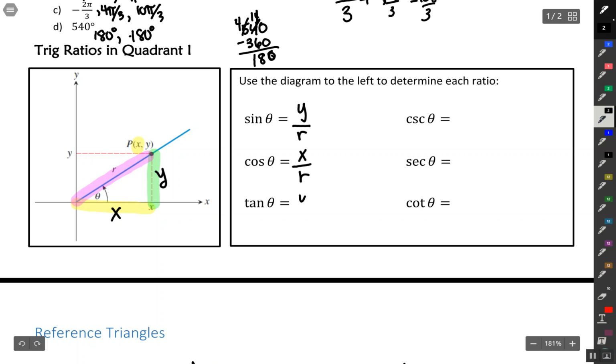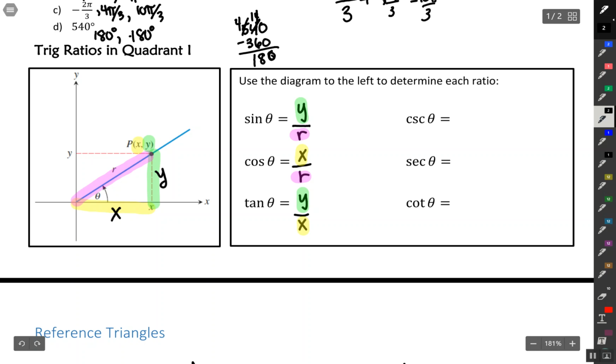Tangent would be y over x. And y is the y coordinate of the point. Keep that in mind. And x is the x coordinate of the point. And r is this radius thing.